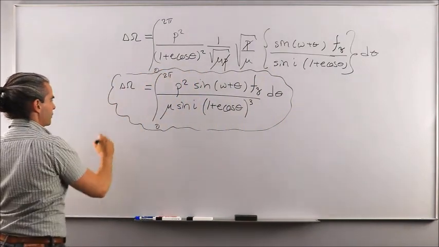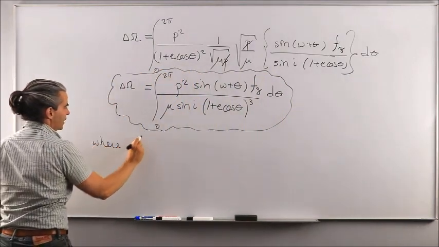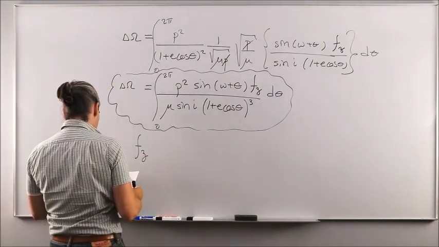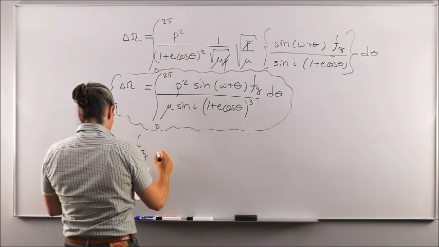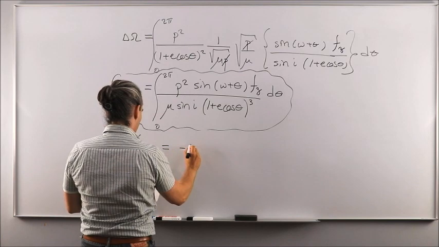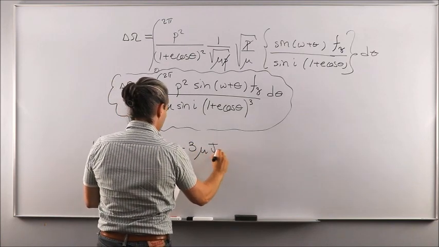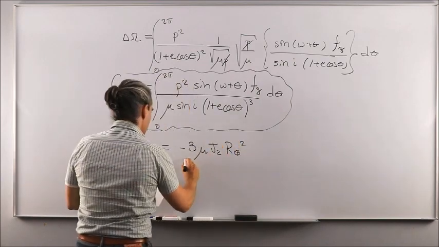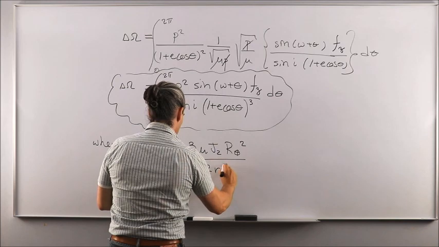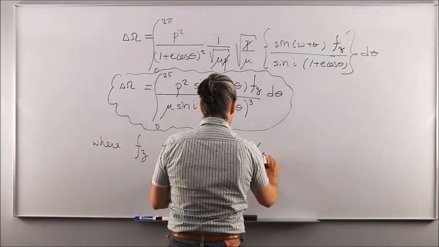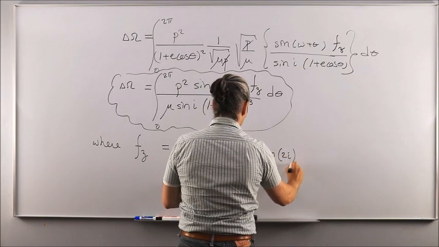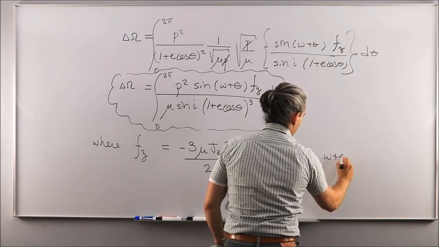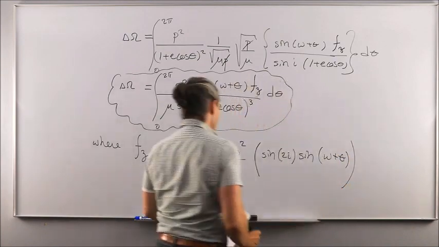Then we're going to pick fz due to J2. We had that from last time, which, if you remember, was minus 3 mu J2 times the mean equatorial radius of the Earth squared over 2 r to the fourth, times sine of 2i times sine of the argument of latitude.